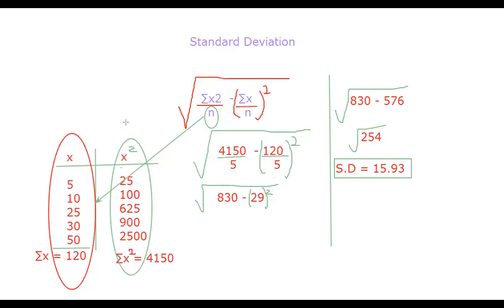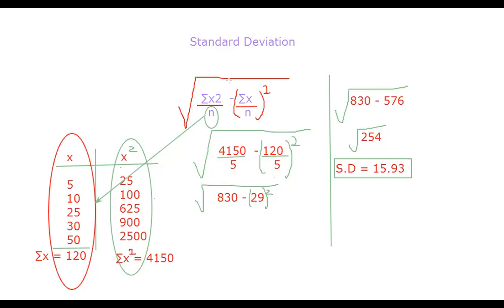Now we have discussed standard deviation in individual series. As I told you in the beginning, the standard deviation is the positive square root of the mean of squared deviations. That is why it is called the standard deviation.